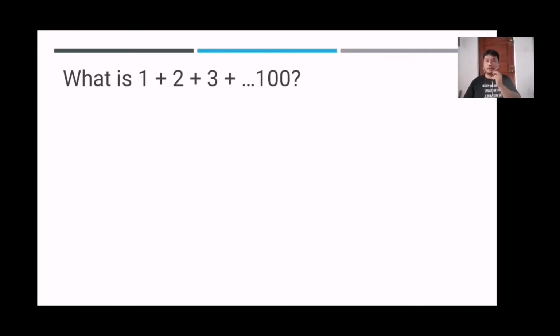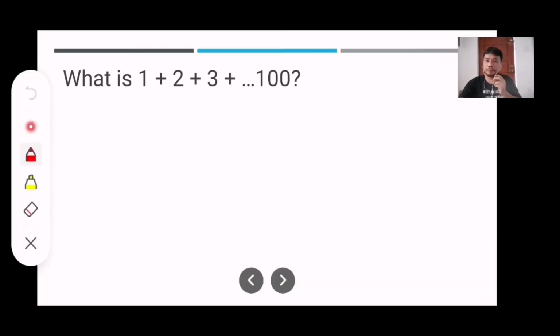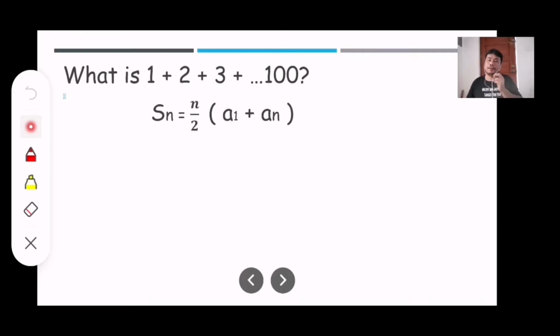So, paano ba niya ginawa yon? It involves the first term and the last term. Sabi kanina dun sa dalawang formula, if there is a last term, we can use the first formula, the shorter one. So S sub n is equals to n over 2 times the quantity of the sum of the first and the last term. Ganun lang kasimple.